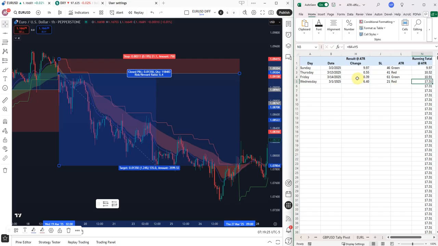All right, so far for the month of March, we're up a ratio of 1 to 17.31.